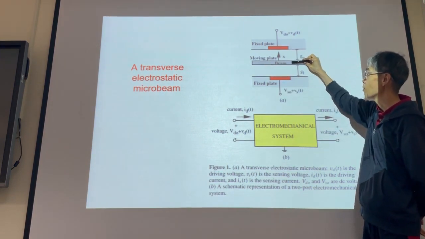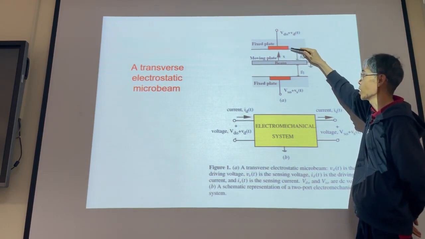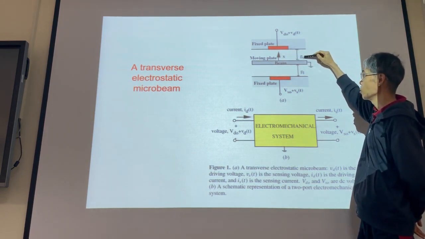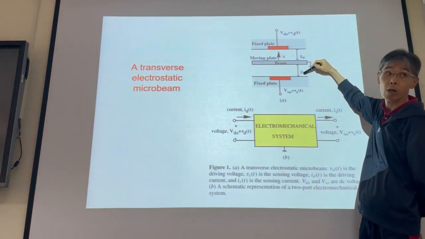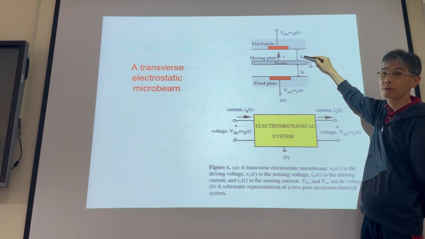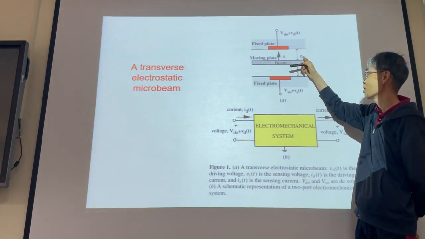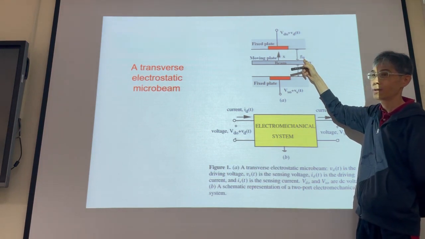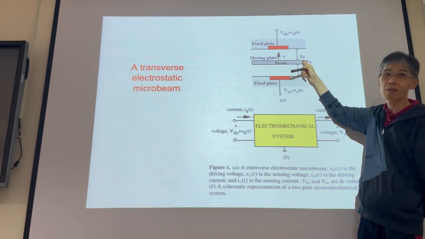And you can think we have capacitor 1, gap GU. This is capacitor 2, gap GL. So U, okay, why did the author select the subscript U? No idea.